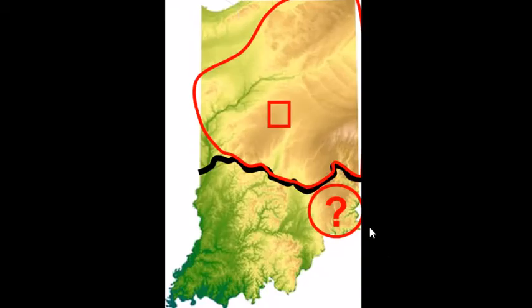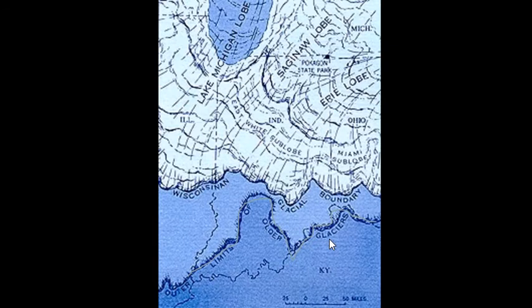Interesting feature here. If you notice, there's a feature here that looks a lot like the other side. So this is the end moraine. This looks a lot like a till plain. This looks like it's been flattened and has the same characteristics. Well, it is. To think back, once again, we've had different glaciers that have come through and impacted Indiana.